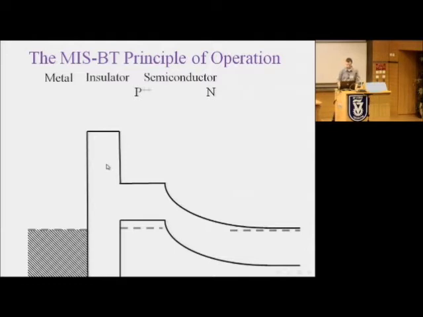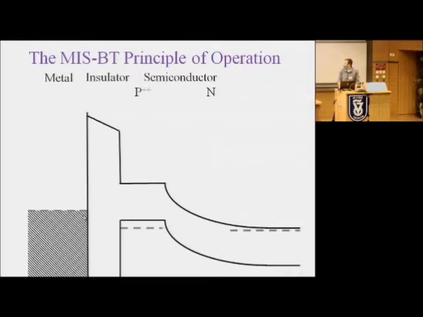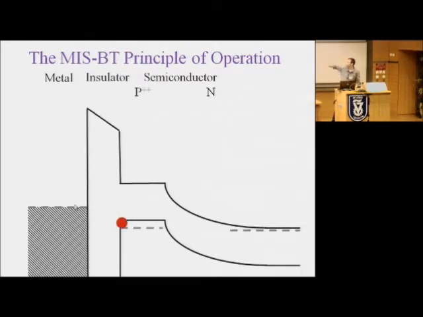And now we start to apply positive bias on the base terminal. So the metal Fermi level increases, and electrons are injected into the valence band of the base, which is, of course, the same thing as holes that are injected from the base to the metal, and we'll start measuring base current.